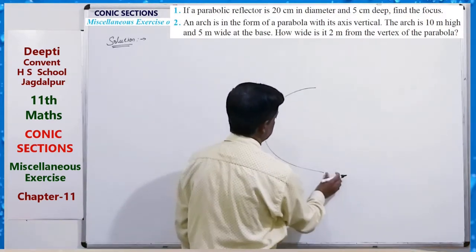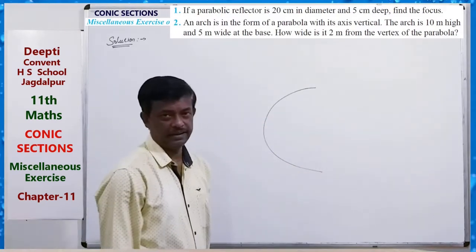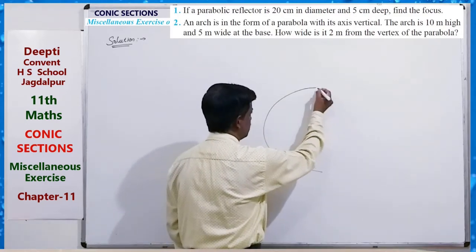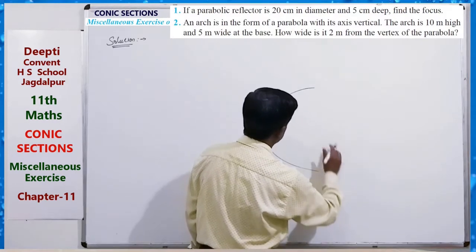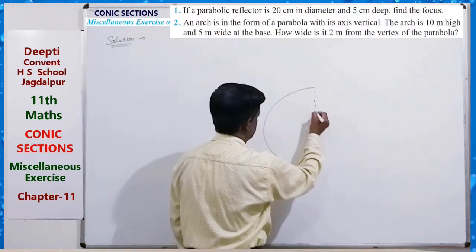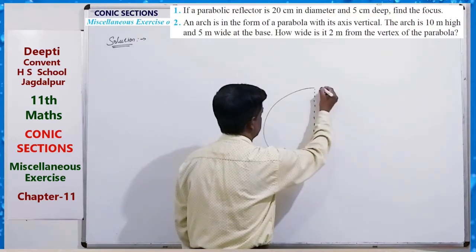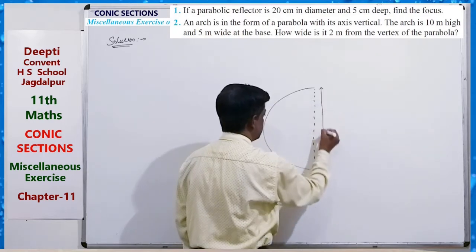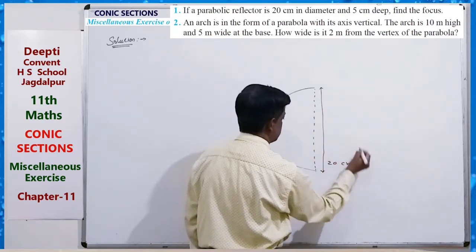We have to draw a diagram by taking a suitable axis. Suppose this is the parabolic reflector, and its diameter is 20 centimeter.